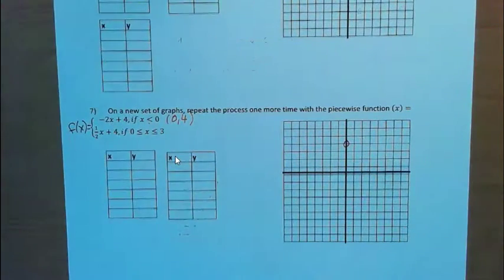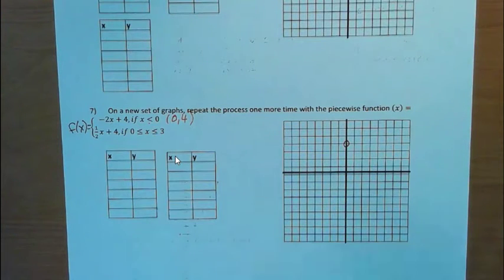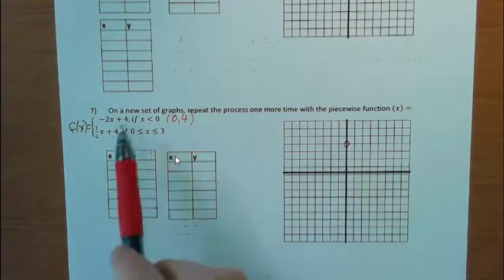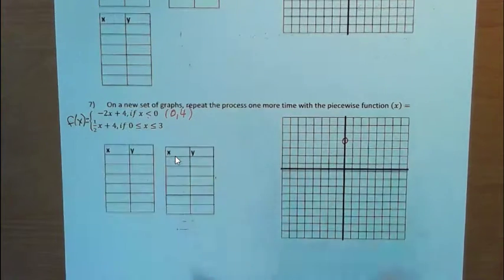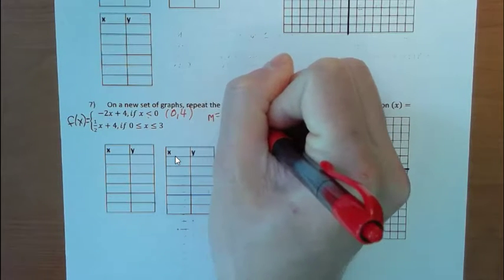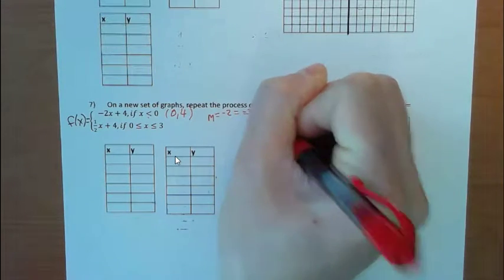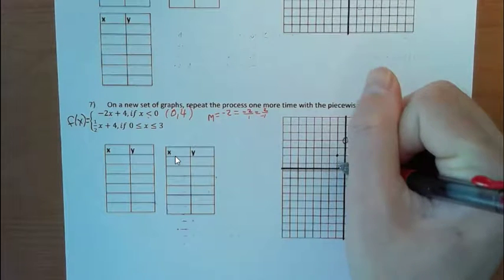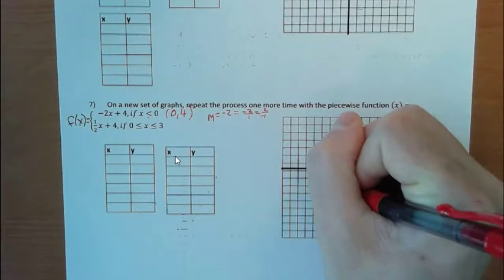Since x is less than 0, you have two options here. First, since we know we're starting at a point on our line, we can follow our slope. M equals negative 2, which is the same thing as negative 2 over 1 or 2 over negative 1. So we can go down 2 and left 1, and plot all these points.